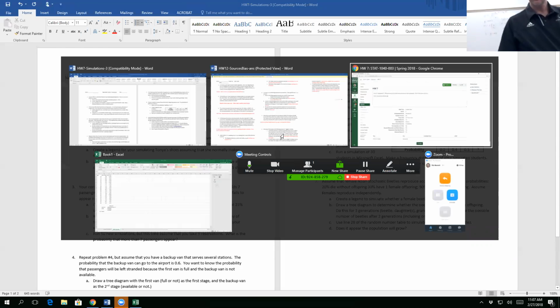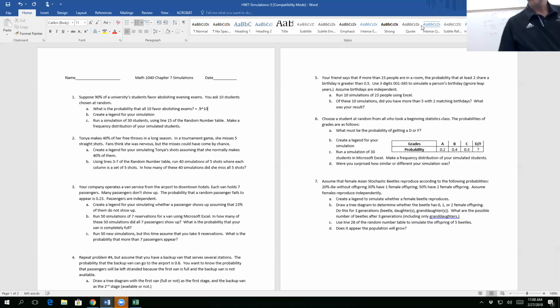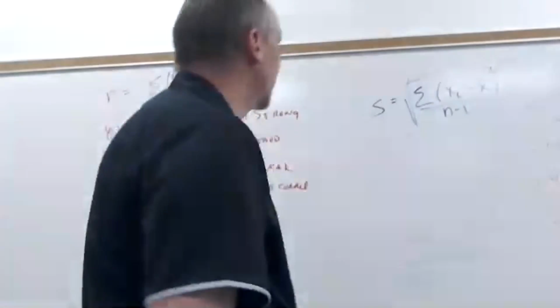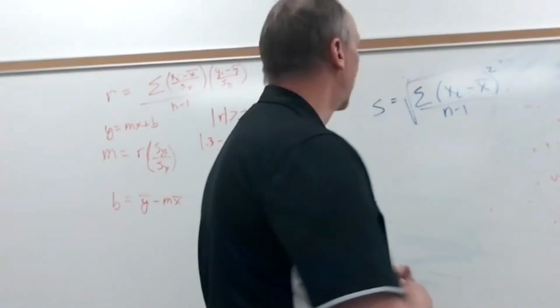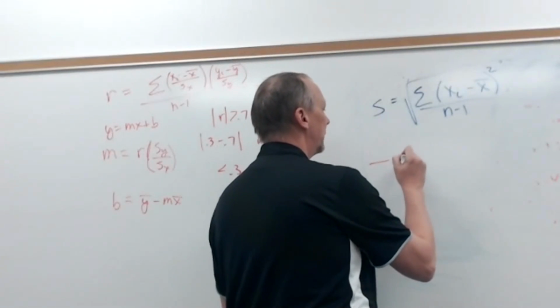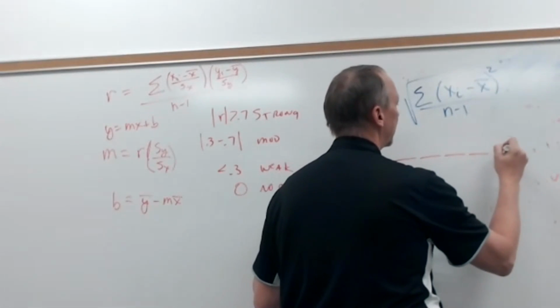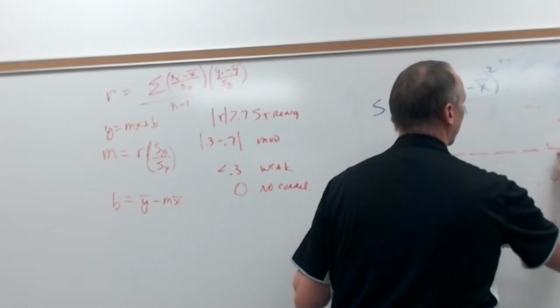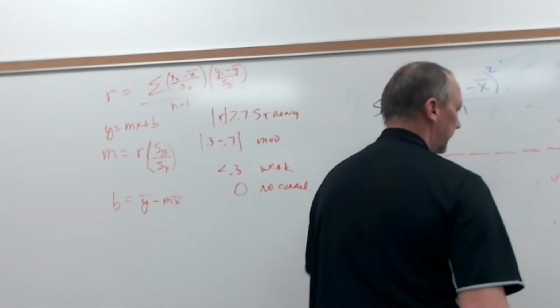I think I'll just do this one on the board. Okay, so I've got 10 people here. 1, 2, 3, 4, 5, 6, 7, 8, 9, 10.